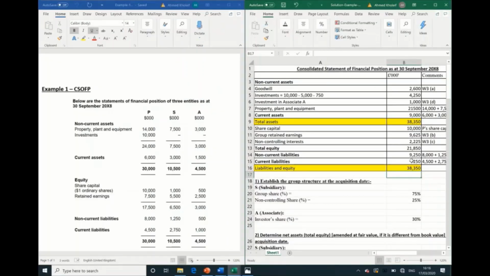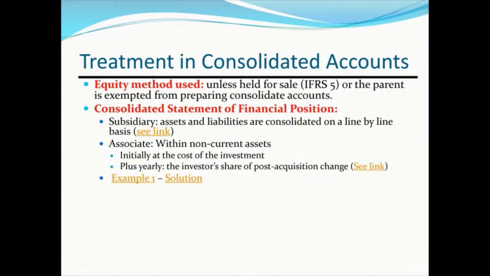This is mainly the solution to this example 1 about the consolidated statement of financial position, which includes a single subsidiary and associate. Okay, continuing with the use of the equity method.